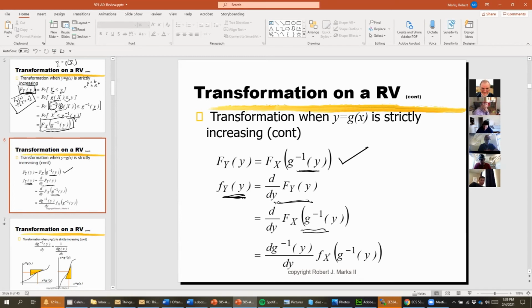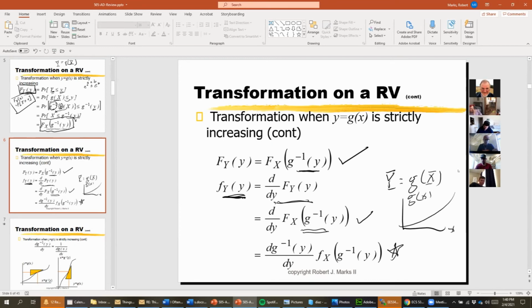And this is where we go back to the chain rule of calculus, calculus 101. And we know that the derivative of this is equal to the derivative of the argument times the derivative of this evaluated at g inverse of y. So this is the formula if we have y equal to g of x, and we know that g of x is strictly increasing, right?